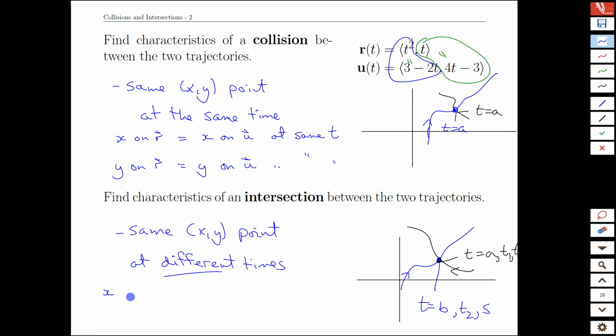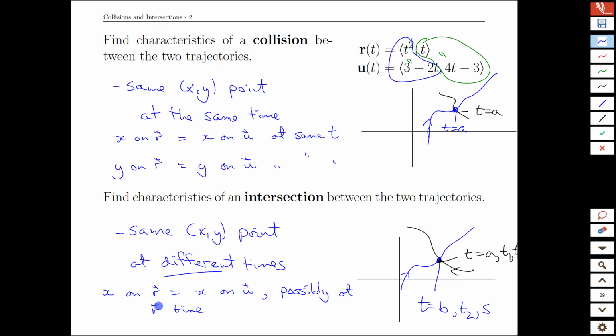The difference here for intersection but not collision is that the x on the r trajectory has to equal x on the u trajectory, but possibly at different times. Each trajectory is separate. That's where it's easy to get confused.